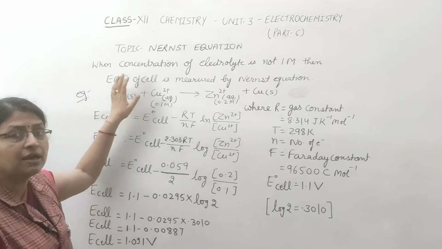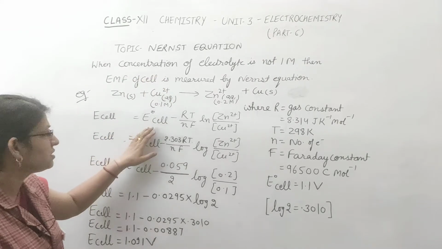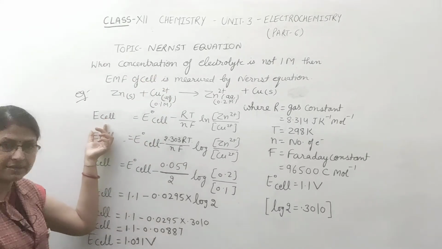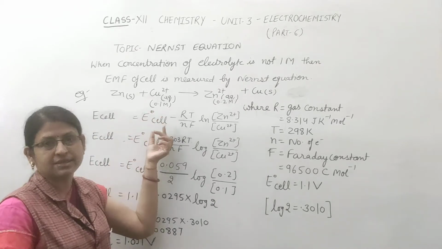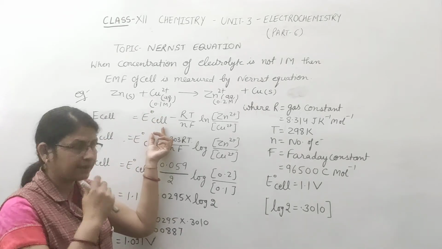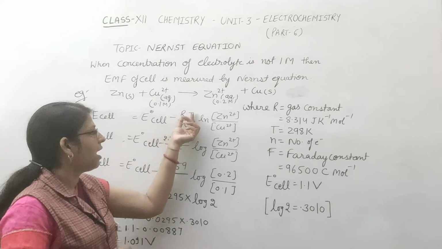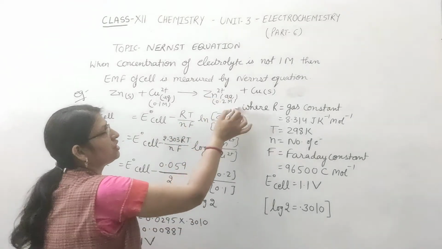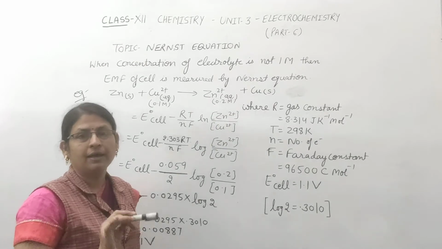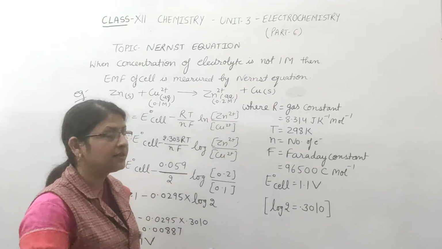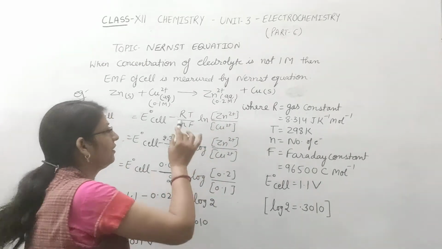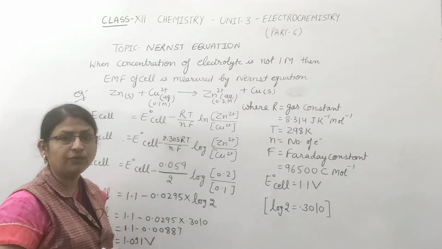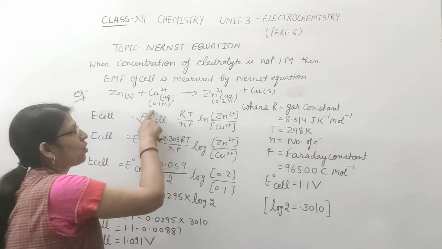We apply the Nernst equation. The Nernst equation is E cell equals E naught cell, at standard condition, minus RT upon nF, natural log of the concentration of the oxidized form, the zinc ion, divided by the concentration of the reduced form, the copper ion.